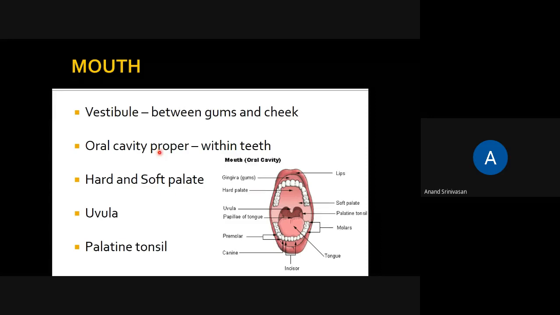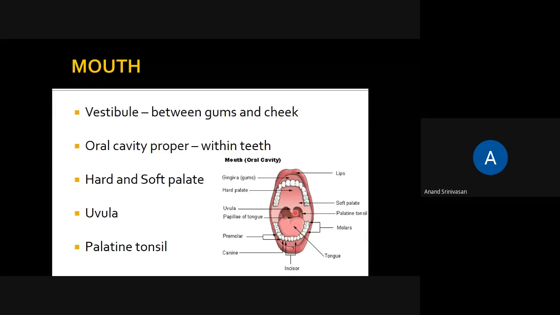In the oral cavity proper, there is a hard palate, because it is formed by the palatine bone, and the lowermost portion is the soft palate, because there is no bone here; it is formed only by muscles. In the center of the soft palate, there is a structure which hangs down, called the uvula.